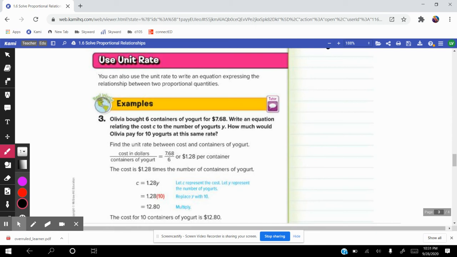So find the unit rate between cost and containers of yogurt. In the numerator, we have cost in dollars. In the denominator, we have containers of yogurt. So according to our word problem, 6 containers of yogurt are $7.68.